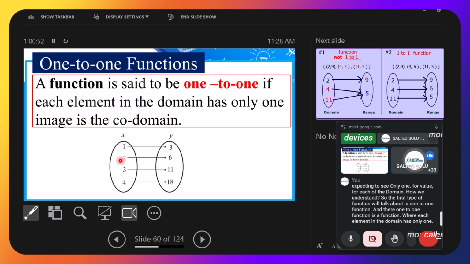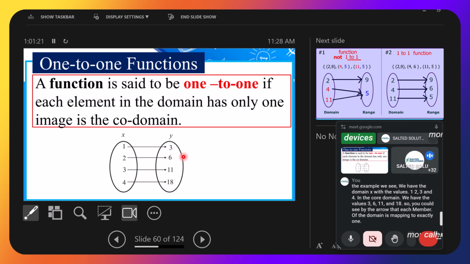So from the example we see, we have the domain X with the values 1, 2, 3, and 4. In the codomain, we have the values 3, 6, 11, and 18. So you could see by the arrow that each member of the domain is mapping to exactly one member in the codomain.